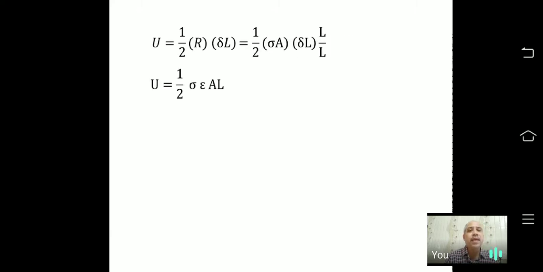So now we have here another form of the equation. We know delta L, that is deformation, and now this equation we will multiply by L and divide by L. So what will happen due to this?